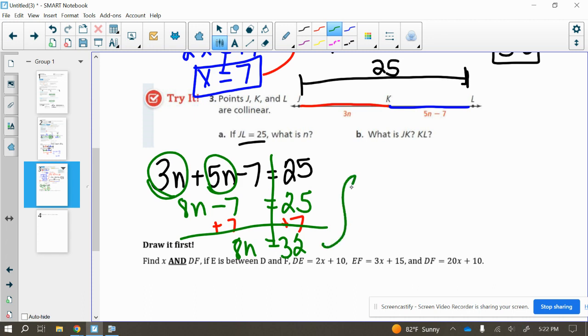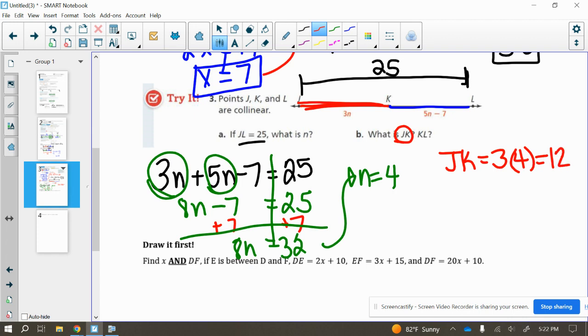Then 32 divided by 8, we get n to equal 4. Again, there comes a point where we plug this back in for our missing pieces. First piece they want us to find is JK, so 3n. We're going to take 3 and plug in that newly found n value of 4. That piece is 12.